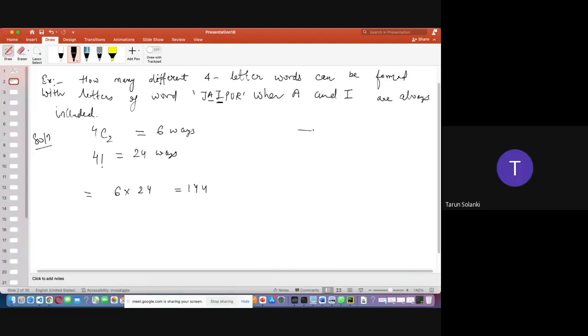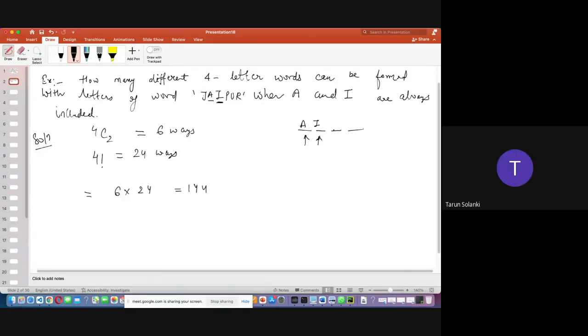There is one more way. There are four places we need to fill. So A and I we need to include, so these two are included. Now for the remaining two positions we have J, P, U, and R, so totally four.